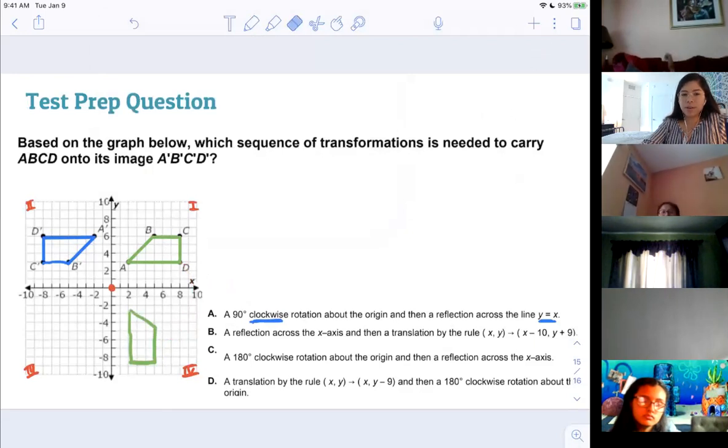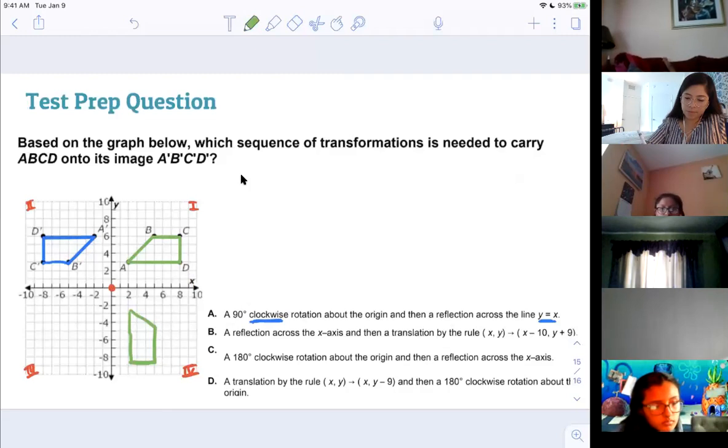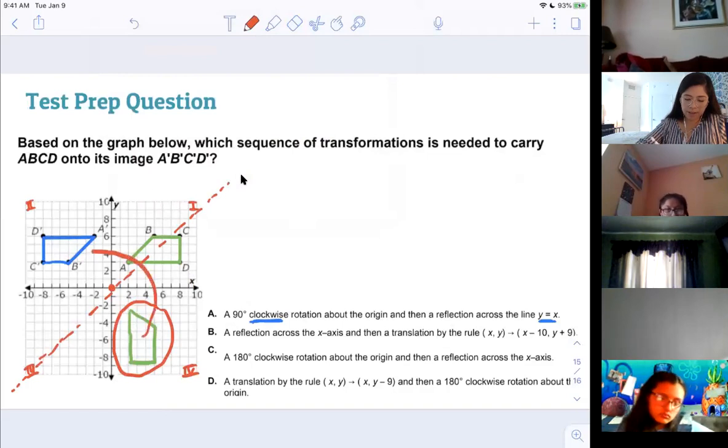Okay, and then it's saying you would take that and reflect it across y equals x. And which one is y equals x? What does y equals x look like? Wouldn't it be like this? Yeah, I see you. It's this diagonal line, right? Okay, so if I'm down here and I reflect over that line, is it gonna match? If I fold it in half over that line, are they gonna match?